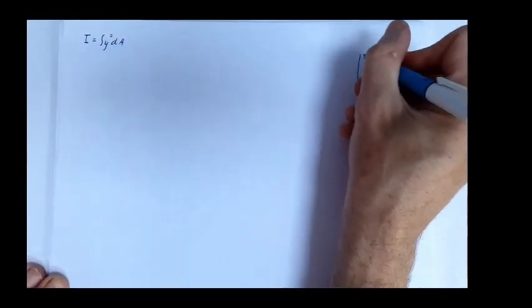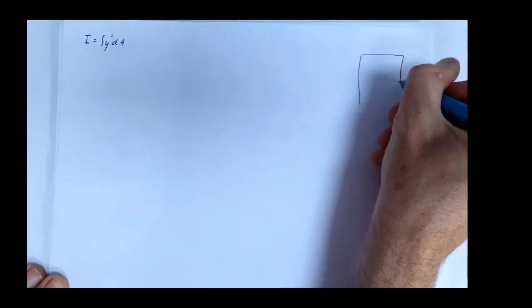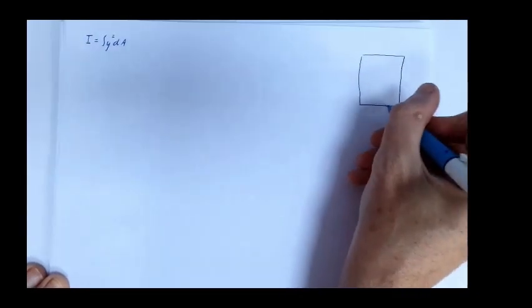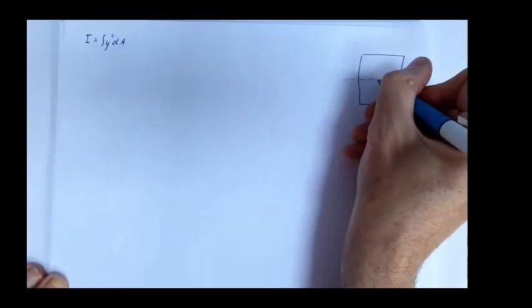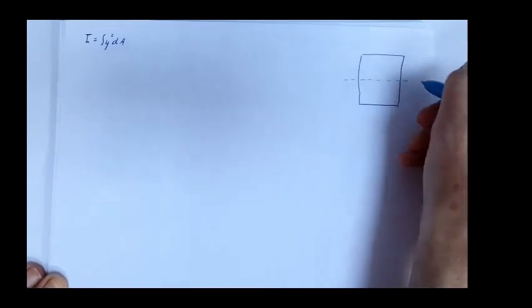So let's consider a section. We've got a section there, square section, rectangular section. Let's draw our neutral axis through the middle.